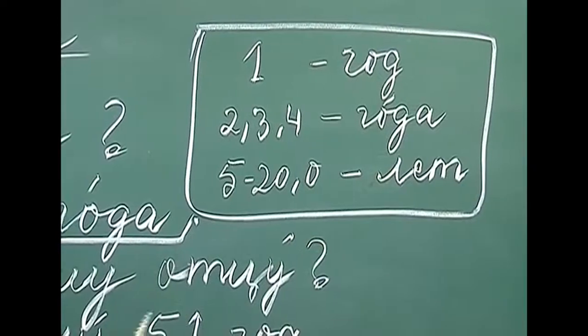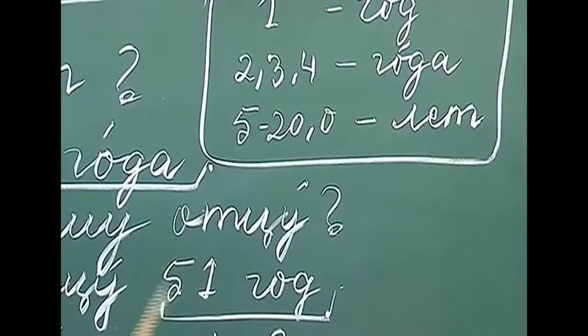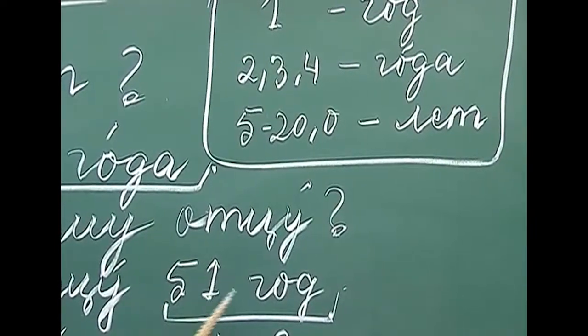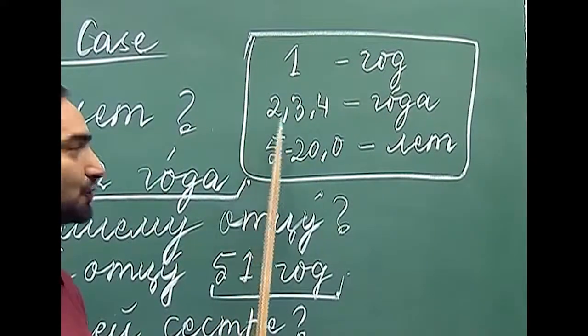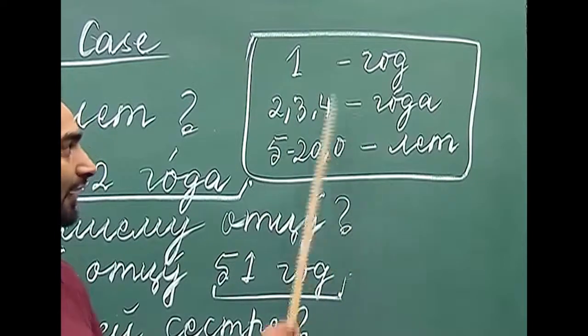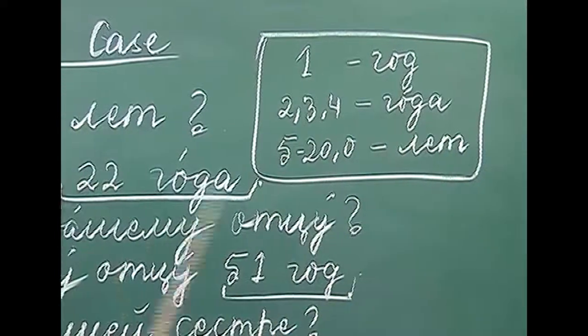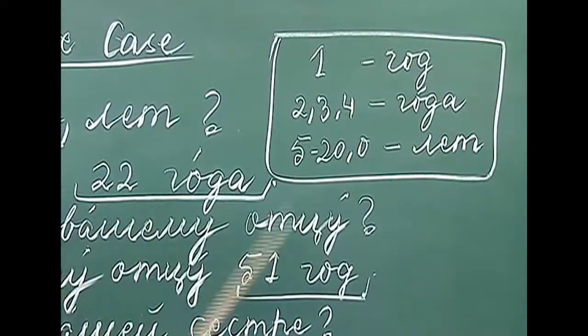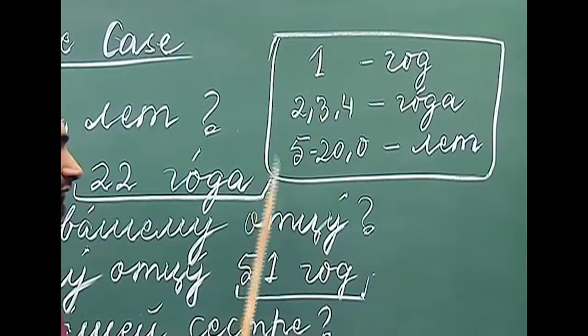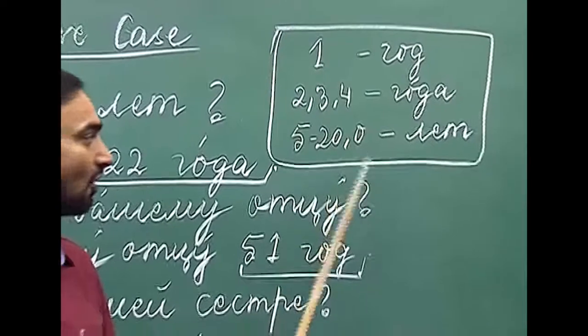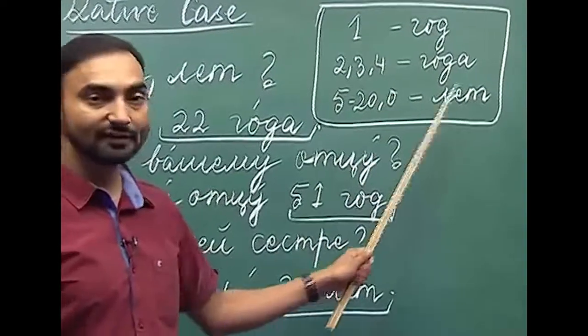As you can see, with 51 or 50 one, we are using "god". If the number ends with either 2, 3 or 4, we use "goda". 22 goda. And if the number ends with either 5 up to 20 or 0, we use "let".